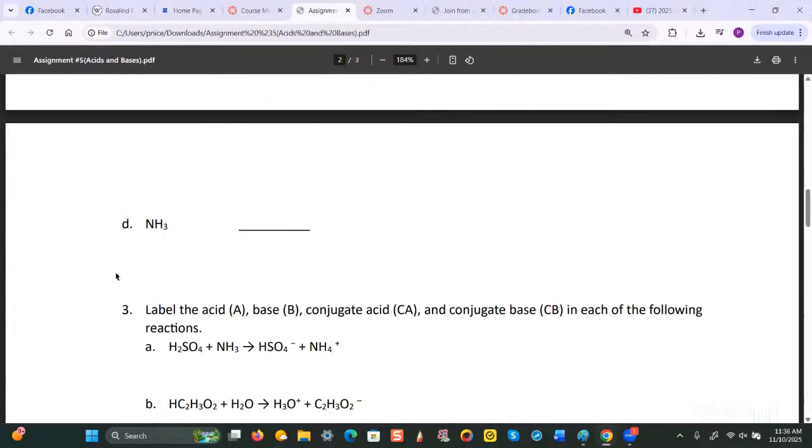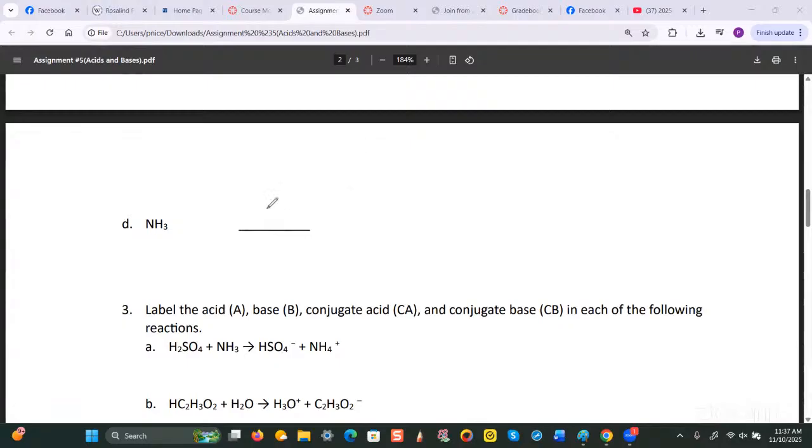Okay, last one in the series. NH3. So what would be the formula resulting when you add hydrogen ions to this to form the conjugate acid? What's the resulting formula?